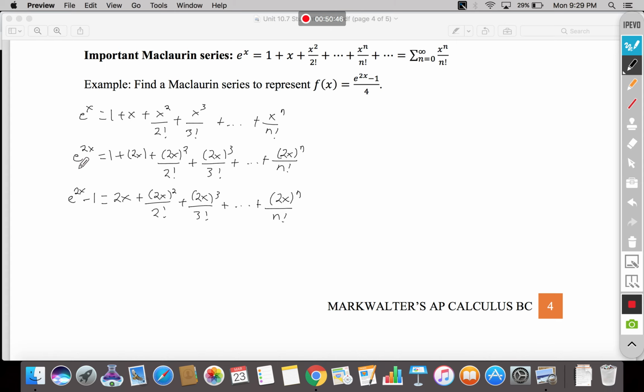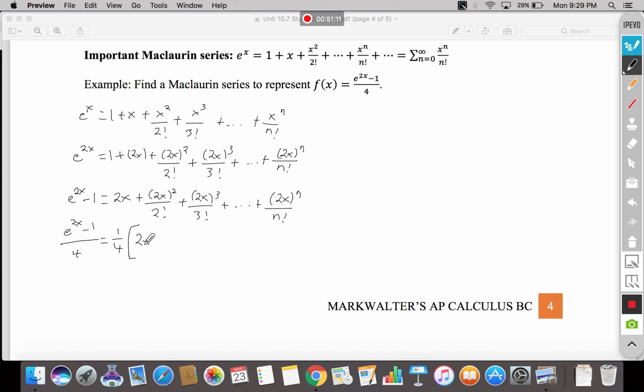Okay, so what next? I need to divide everything now by 4. Interesting. So if I'm dividing this thing by 4, I'm basically going to divide everything here by 4. So what if we said this? e to the 2x minus 1 divided by 4. Ooh, that division bar got really gross looking. Let's just say we're going to multiply this whole thing over here by 1/4.